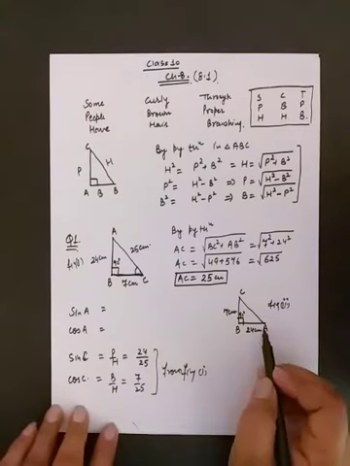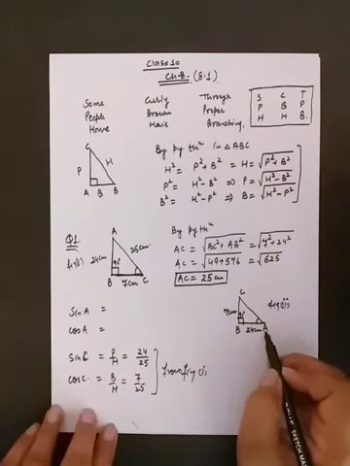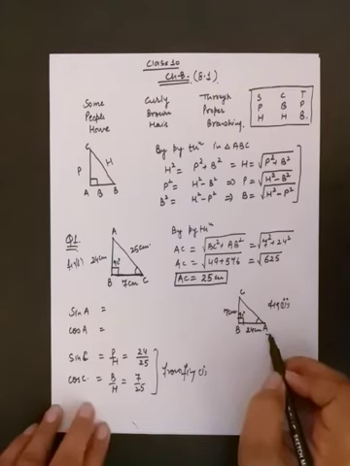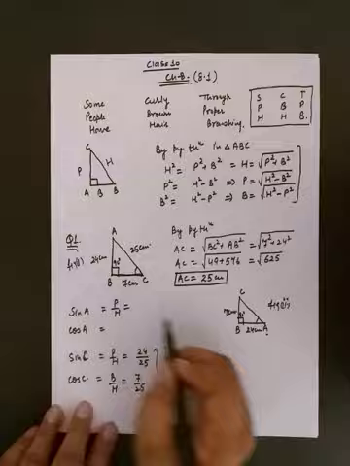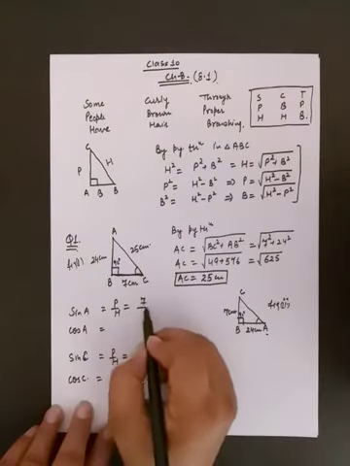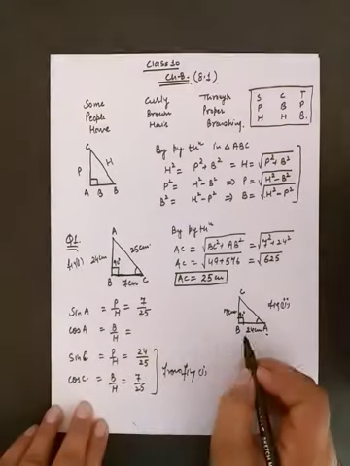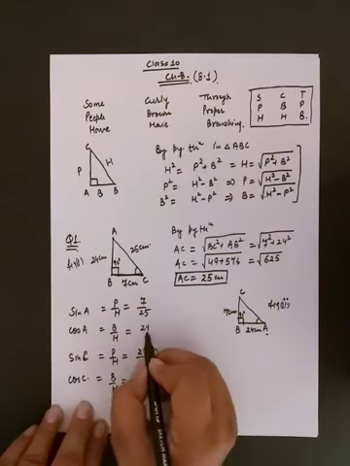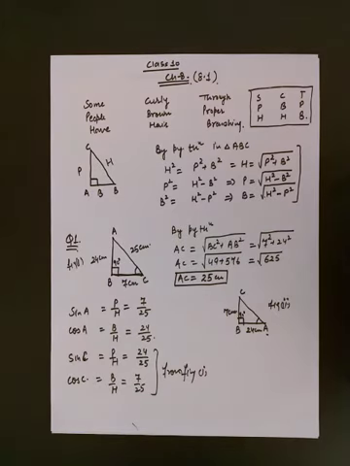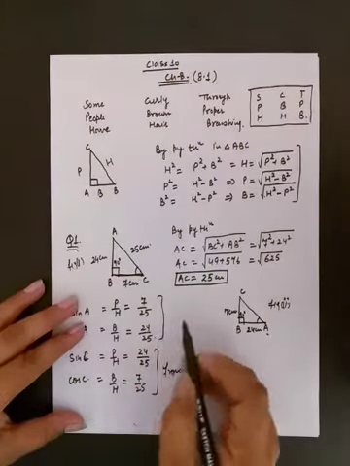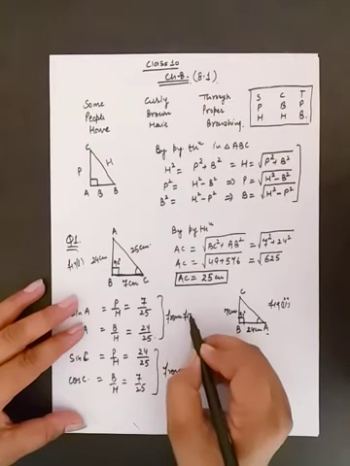Now in figure 2 angle A is in base and we can write the T ratios for this one angle, that is angle A. So it will be perpendicular by hypotenuse. Now our perpendicular is 7 and hypotenuse is 25. Cos A is B by H. Now our base is 24 and hypotenuse is again same. Also remember students, when you rotate the triangle, hypotenuse never changes. That is always same.